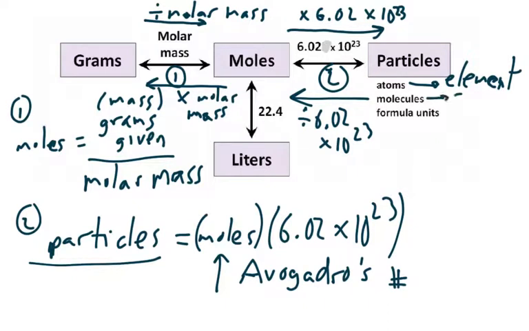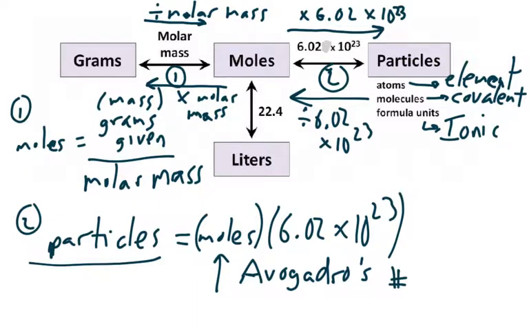If the compound is covalent, then we use the word molecule to describe it. And if the compound is ionic, then we're going to use the word formula unit. So a formula unit, a molecule, or an atom are specific types of particles.